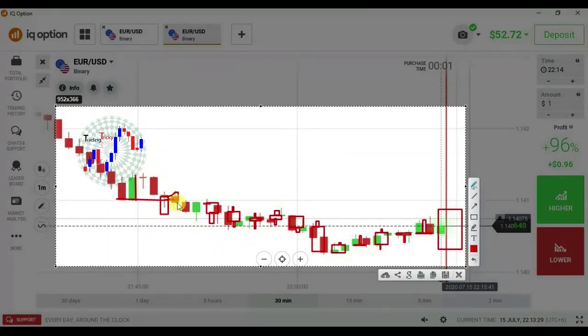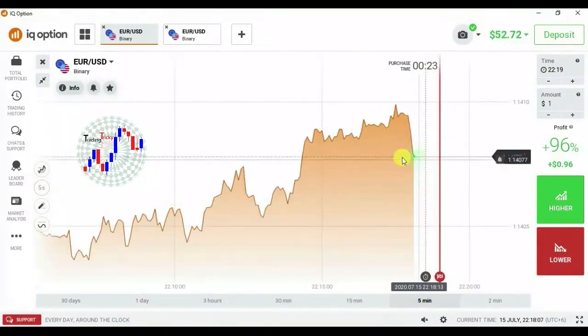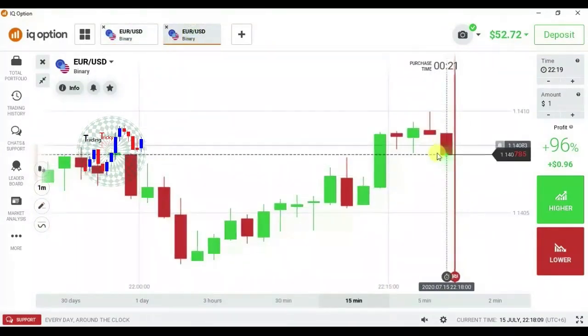Okay, but if you check these things, what you should do, I'll tell you everything in the coming session. Understand what is happening here. See, strong sellers, you can see strong sellers.